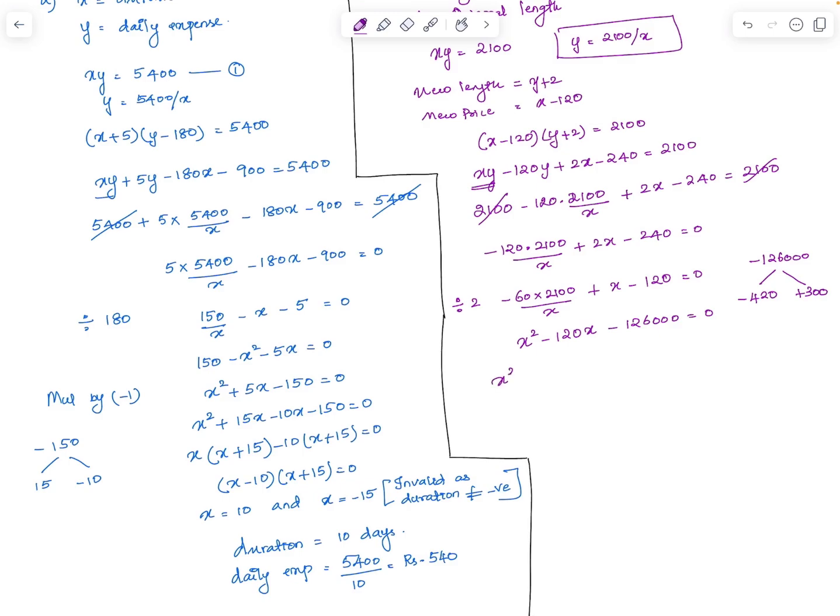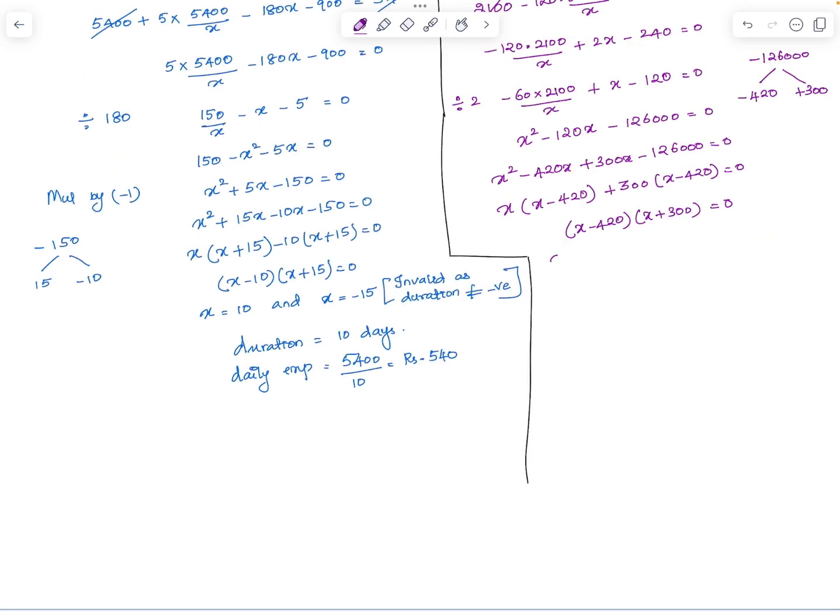So rewriting the equation, we get x square minus 420x plus 300x minus 1,26,000 equal to 0. On completely factorizing, we get x minus 420 times x plus 300 is equal to 0. The two values of x are 420 and minus 300.